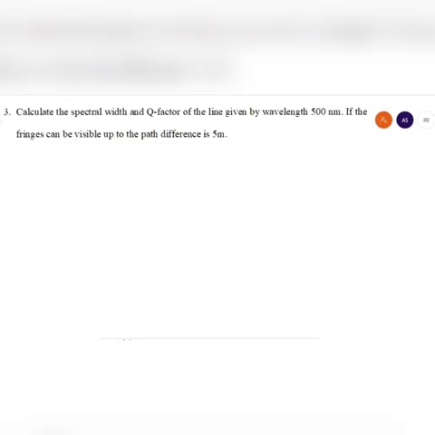Now question number 3, calculate the spectral width and Q factor. Q factor is also known as the purity factor, and the wavelength is given as 500 nanometer. Spectral width is denoted by delta lambda, equal to lambda square divided by Lc, where Lc is the coherent length.